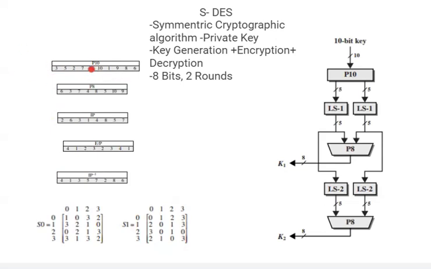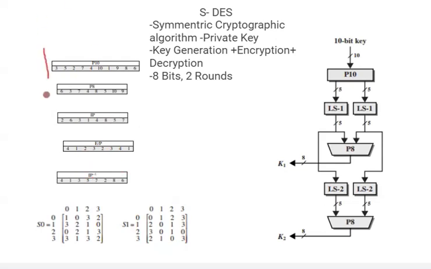If you consider P10, permutation 10 is a 10-bit permutation. P8 is followed for 8 bits. Then P4 is the 4-bit permutation. Then there is the initial permutation, the expanded permutation, and the inverse of IP.